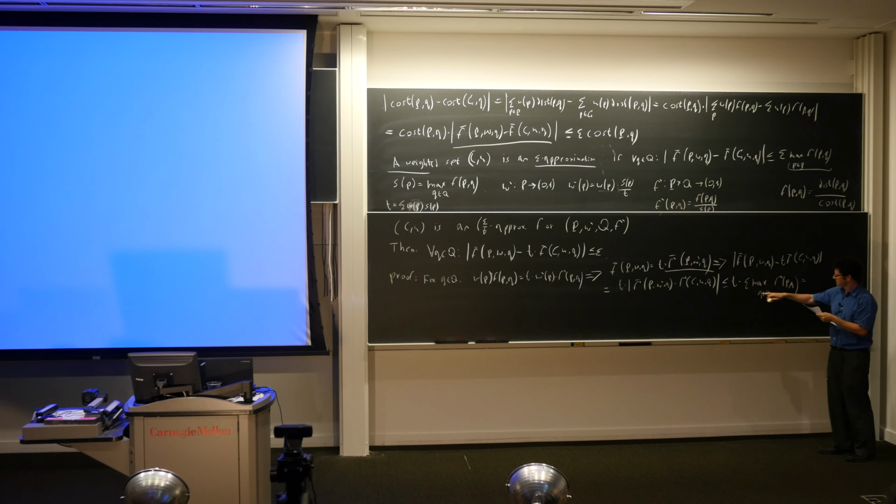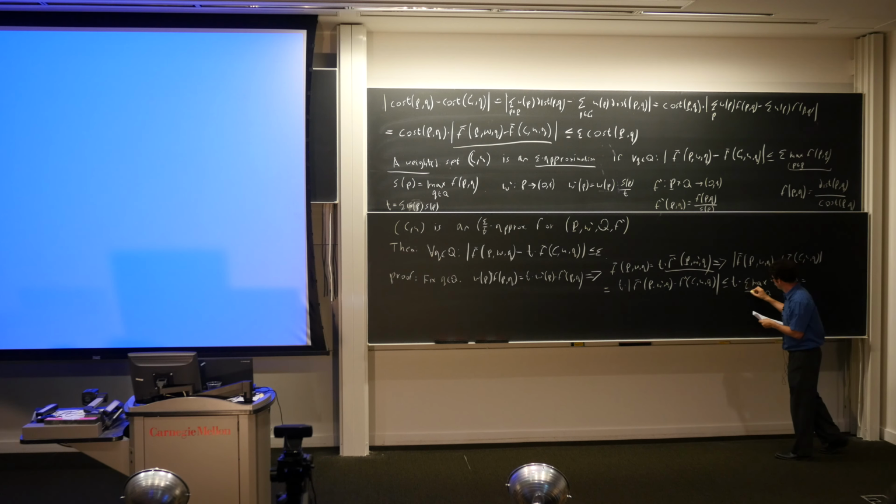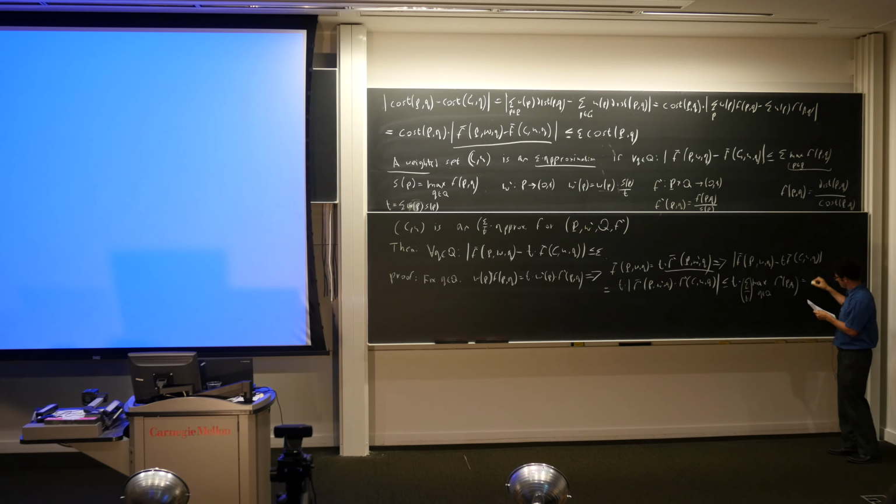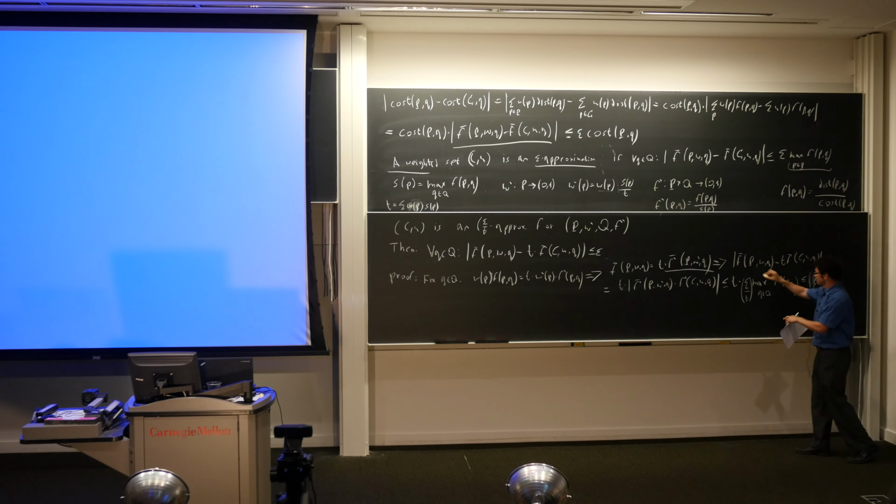Since actually, I'm sorry, this was epsilon over T coreset, so this is just less than epsilon, because by definition of F prime, this is 1.